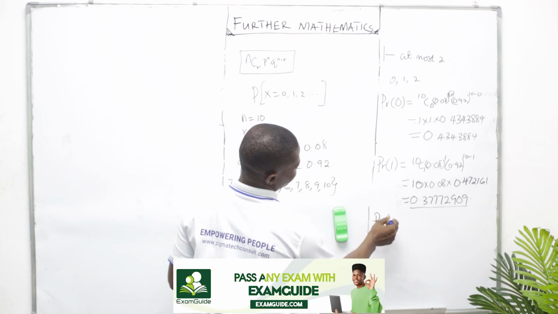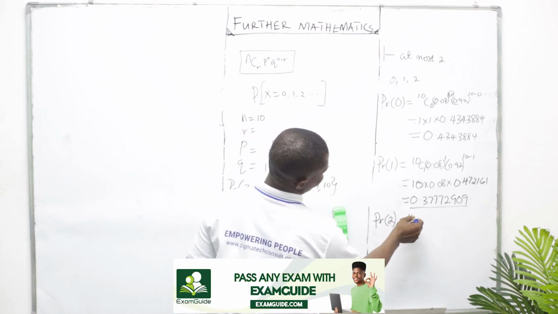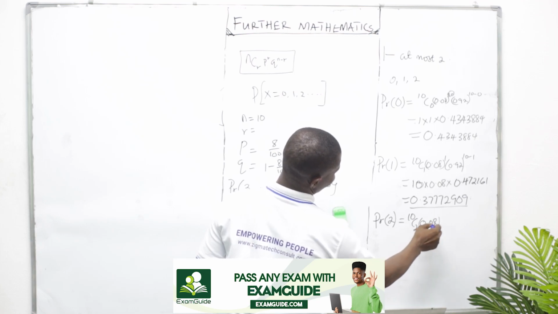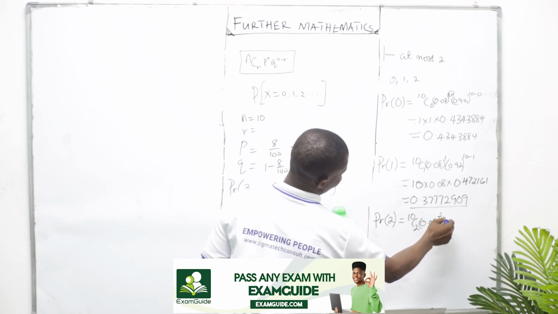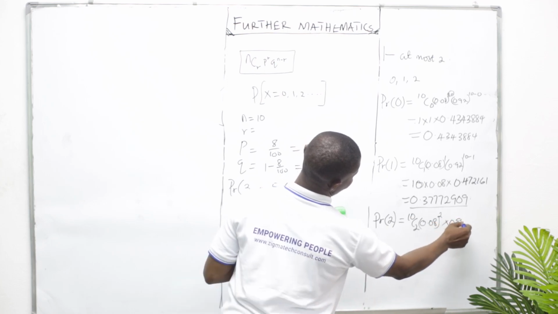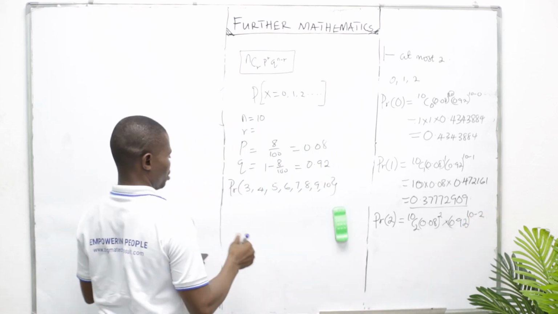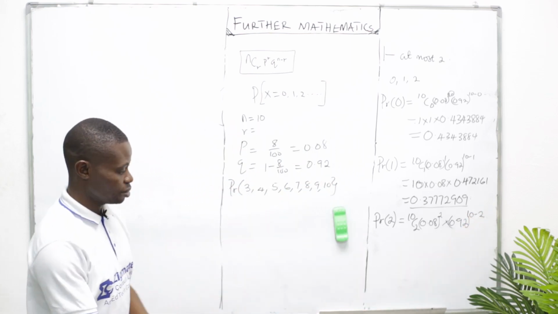Probability of 2 will give us 10 combination 2, 0.08 power 2, times 0.92 raised to power 10 minus 2. Let's finish this one this way.